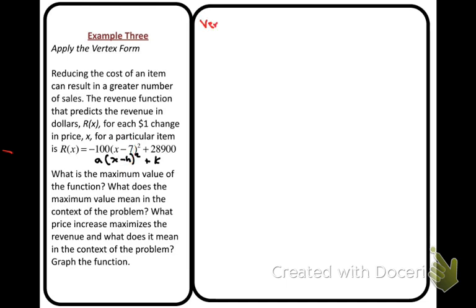So our vertex is (7, 28,900). Okay, and then step 3 is always to do the axis of symmetry, the line of symmetry, which we can't do right now because we don't have the graph, but we can do it if we do graph it.